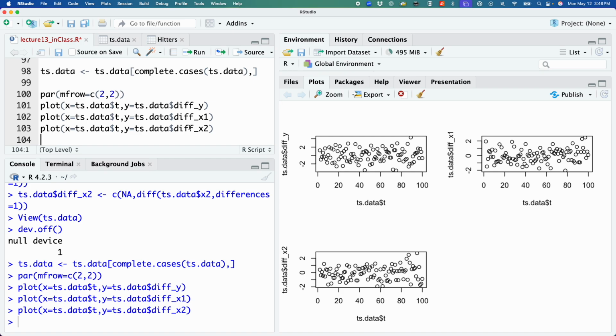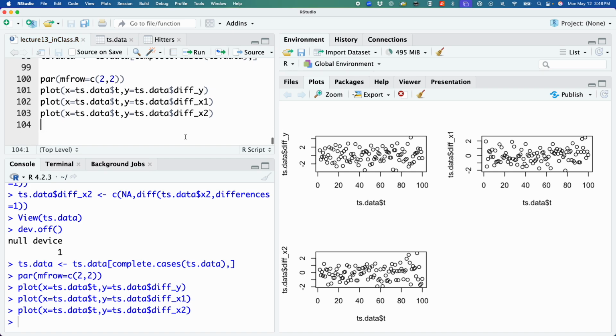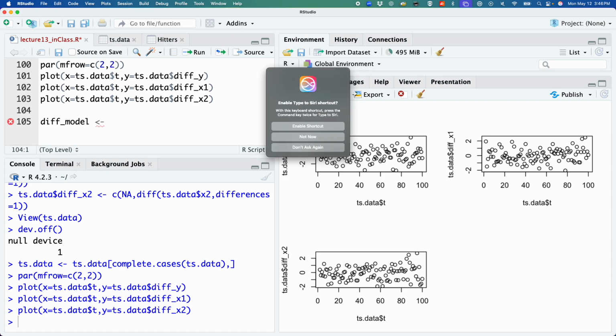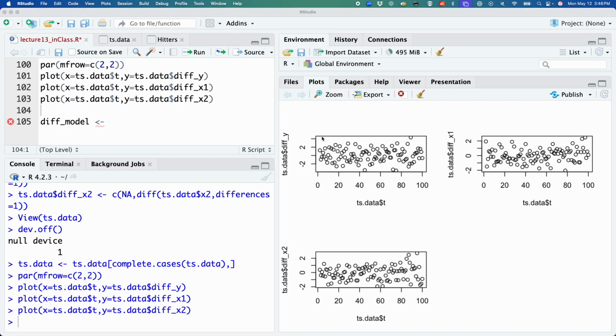So here, we can now run a regression model. Let's do the diff model. This is regression model on differenced data.